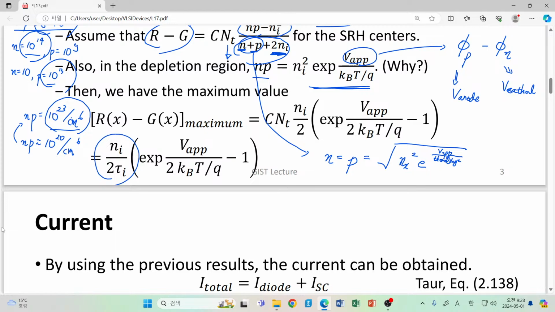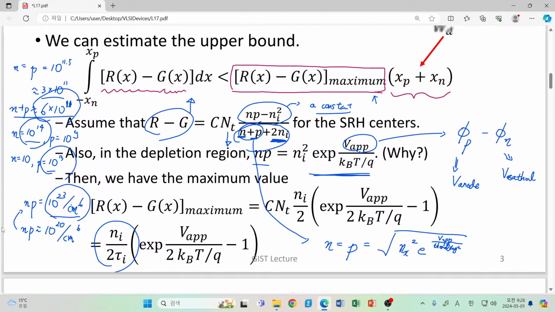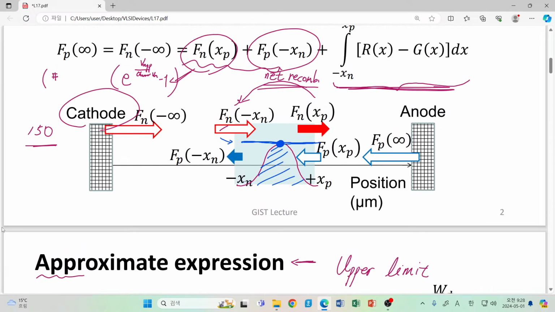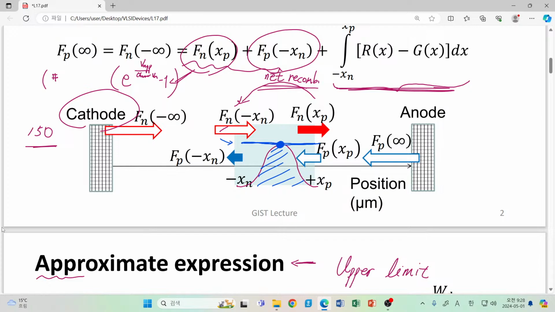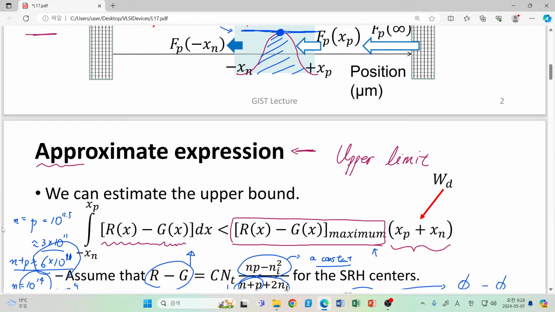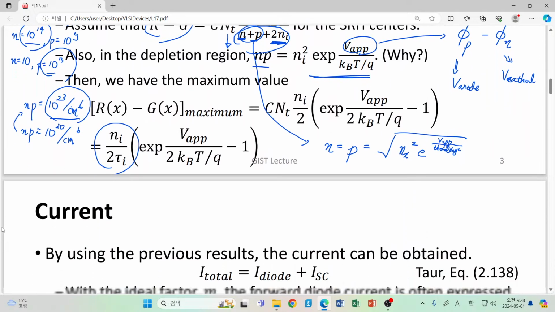So simply speaking, the maximum net recombination rate follows a certain coefficient, but this coefficient is not that important because we have already made a certain envelope for our integration. Instead of performing the exact integration, we introduced an envelope for its maximum value, so its leading coefficient is not that important.